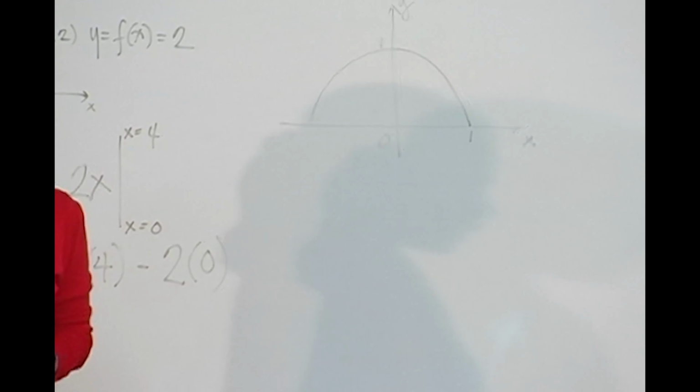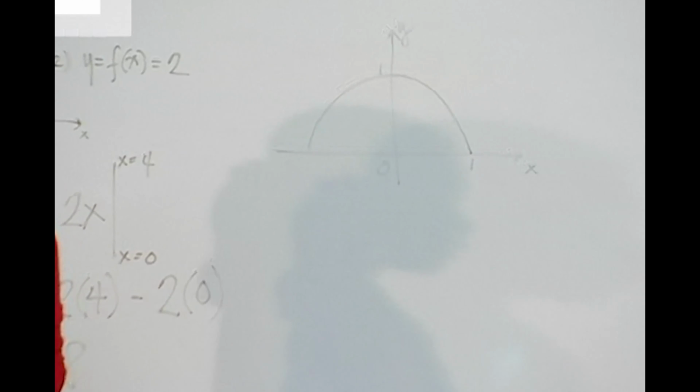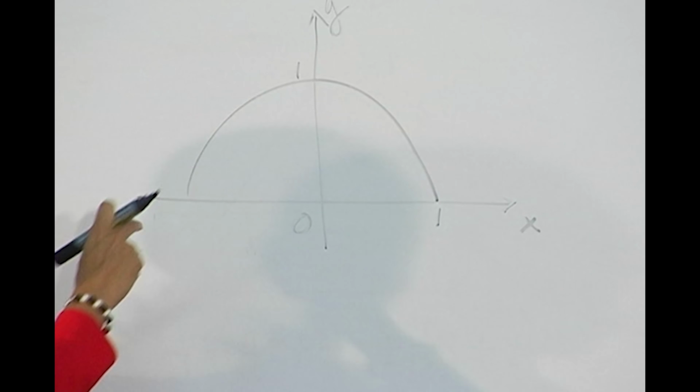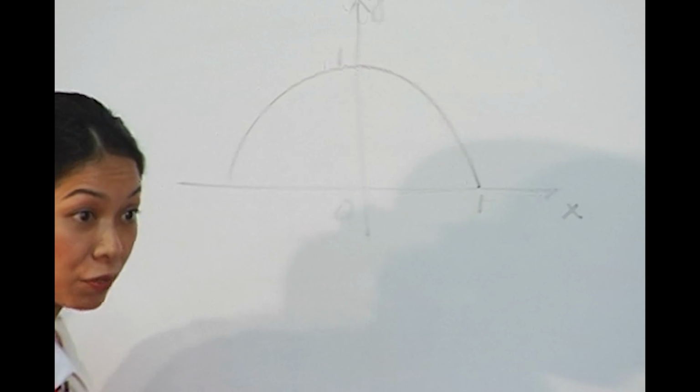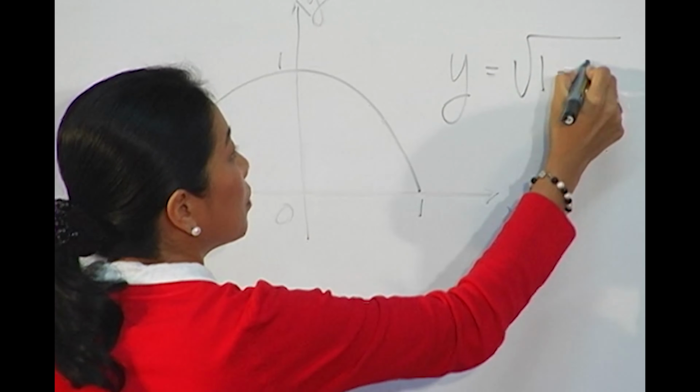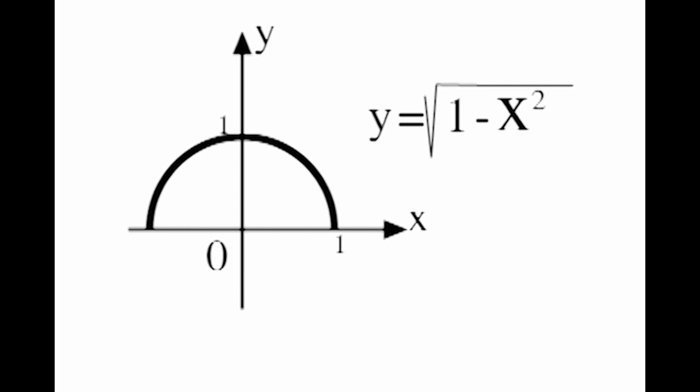Now for that ceiling, what is f of x? We know that x squared plus y squared is 1. It's going to work for this. But if we just want the upper half so that we have a function, we have y equals the square root of 1 minus x squared. And we're just going to set up the integral. I won't ask you to solve. We just want to set up.